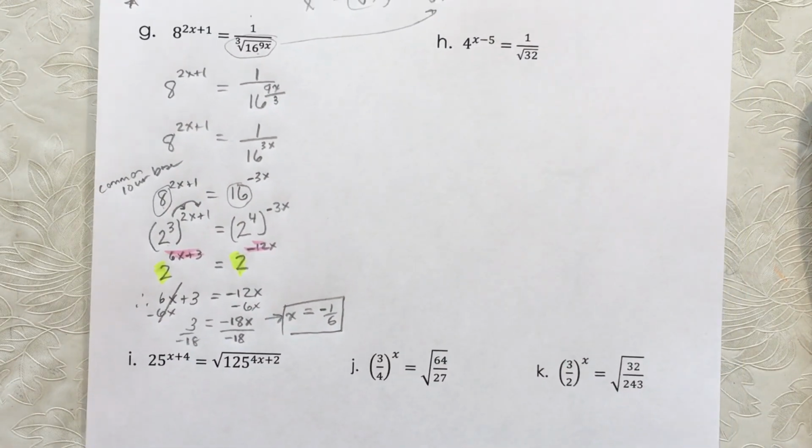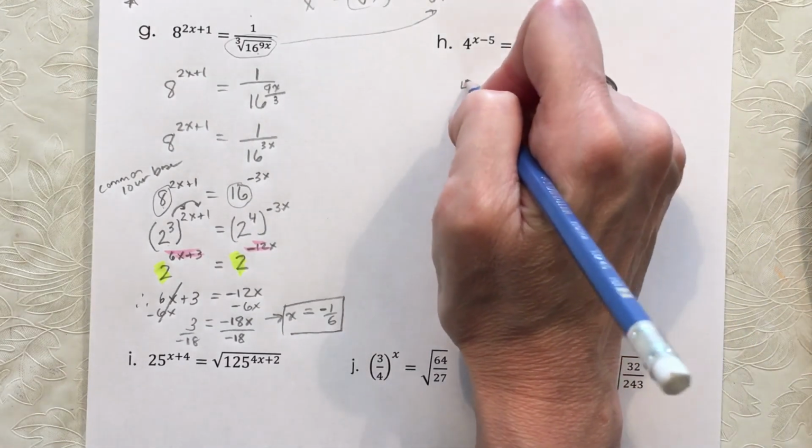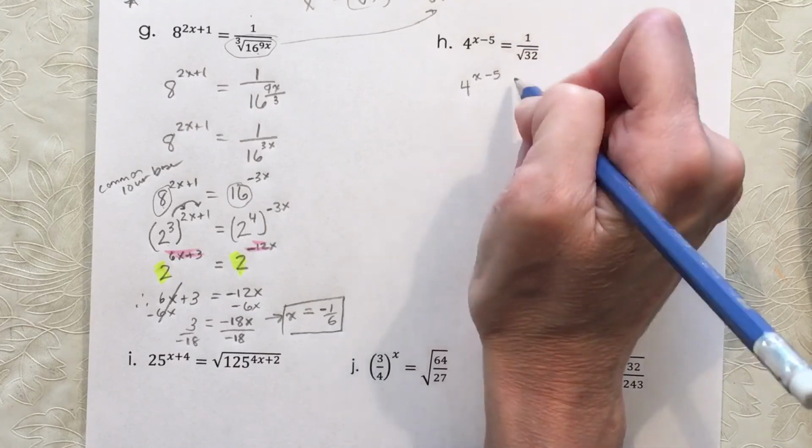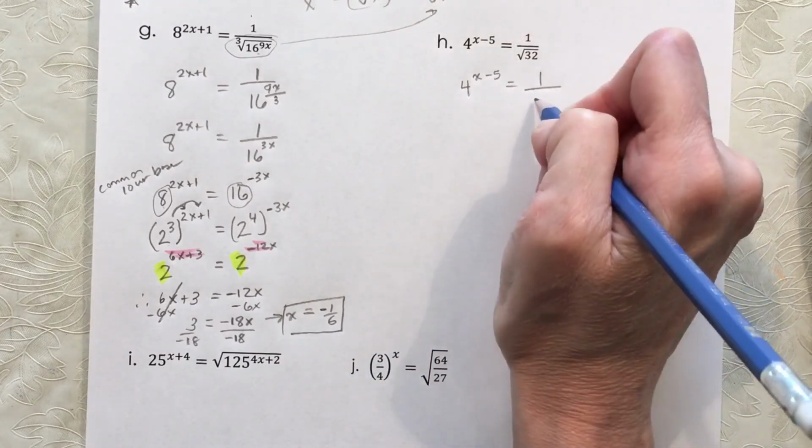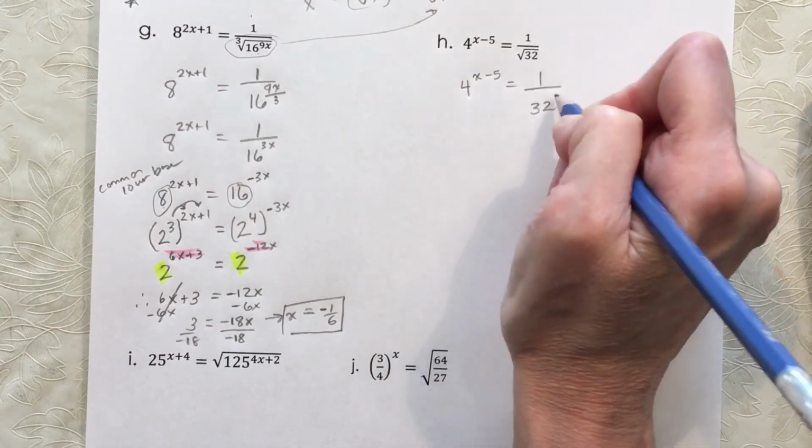All right, h. 4 to the x minus 5 is 1 over root 32. So we want to rewrite root 32 as 32 to the 1/2.